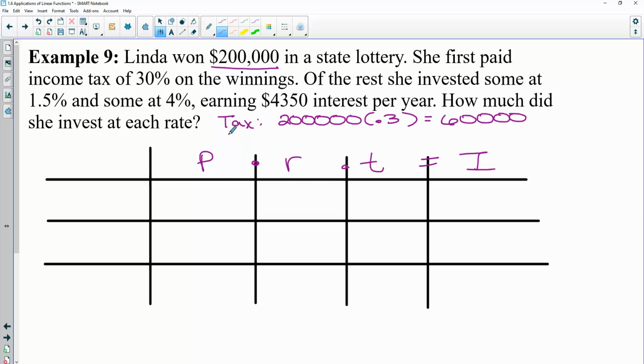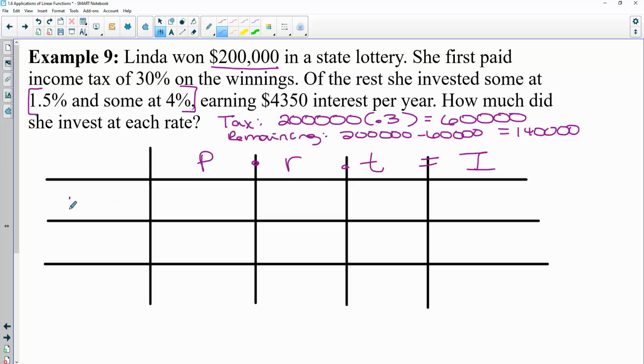So remaining, what would we do? Okay, so that 140,000 is all we really have to work with.